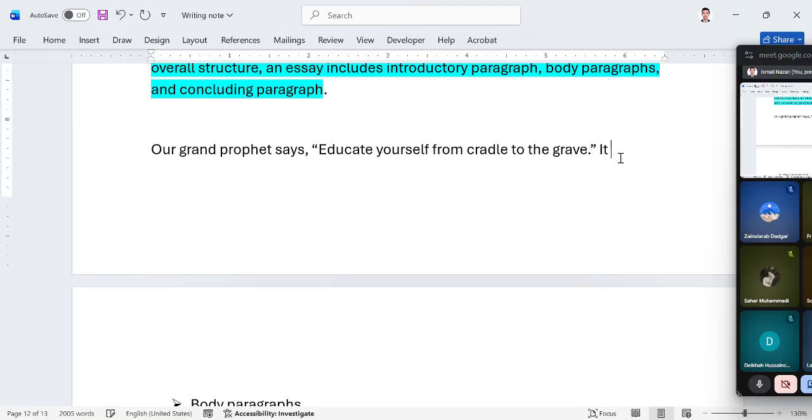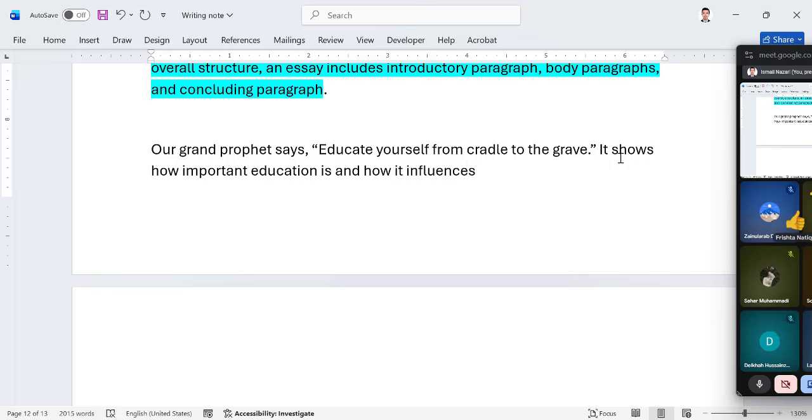I can say it shows how important, look, I will write the connecting information, how important education is and how it influences the people's, we can call it eventually.